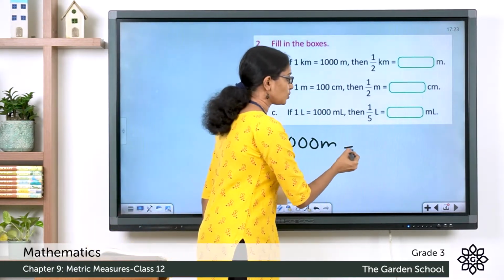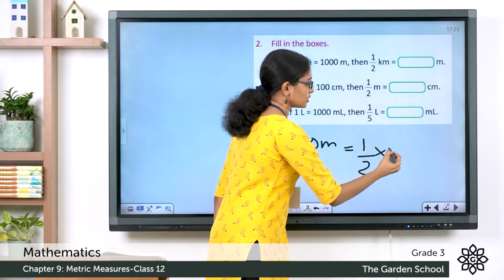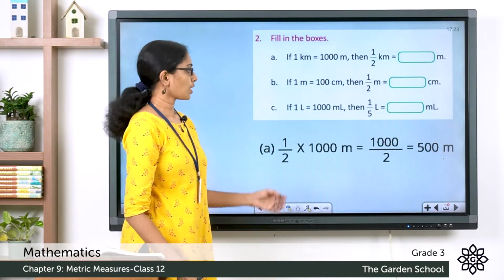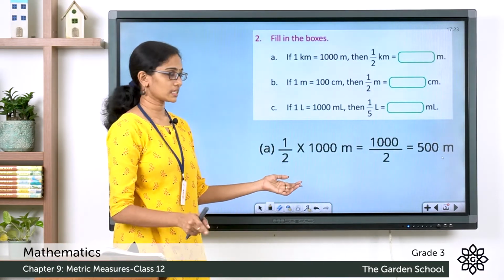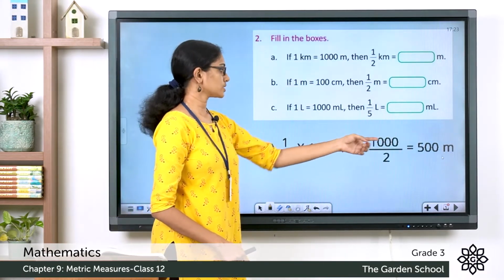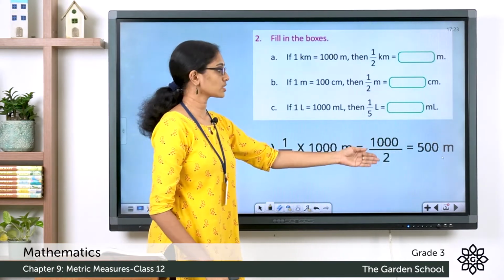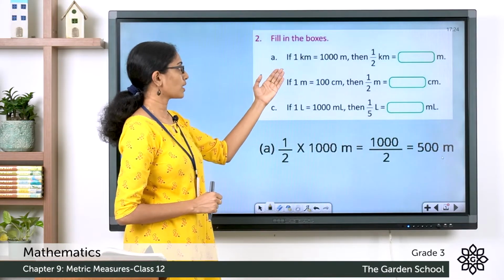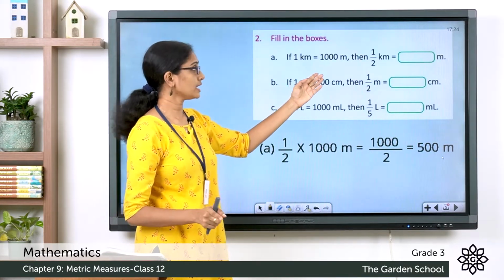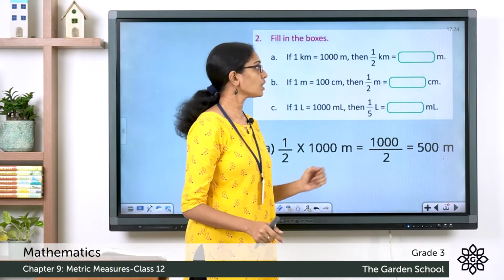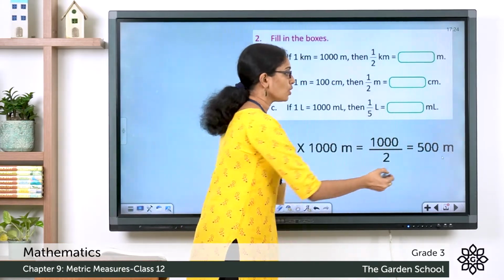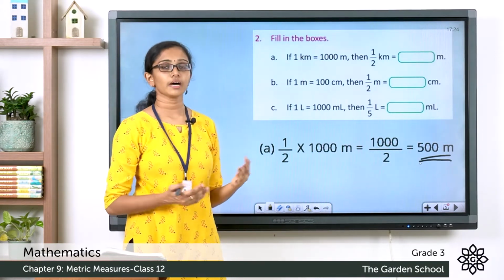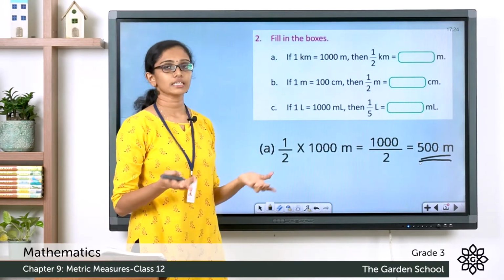This is equal to 1 by 2 into 1000 meters, which is 1 into 1000 by 2. And what is 1000 divided by 2? It is equal to 500. So you can say 1 kilometer is equal to 1000 meters, then 1 by 2 kilometers, or half a kilometer, is equal to 500 meters, which is 1000 divided by 2, or the half of 1000.